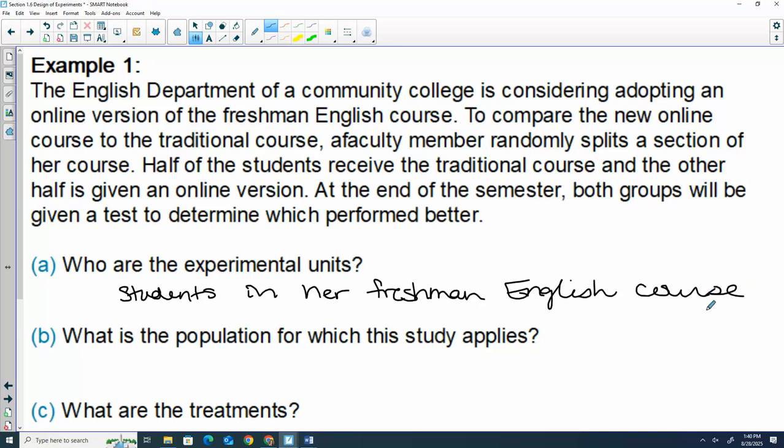So my sample is those experimental units, students actually in the course that's being split.